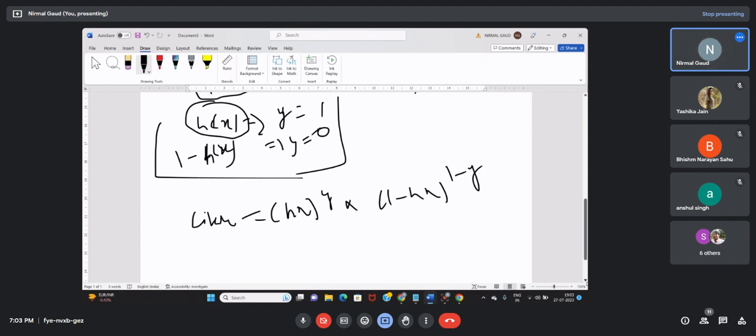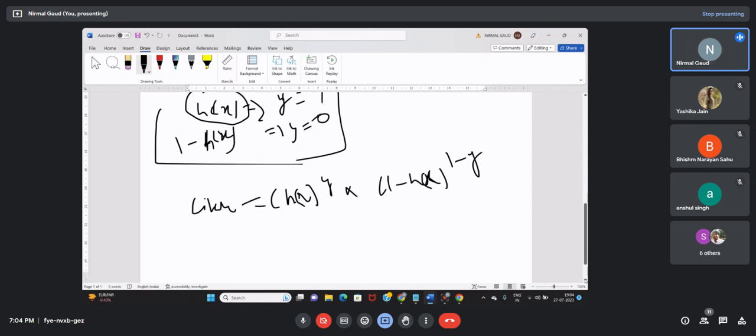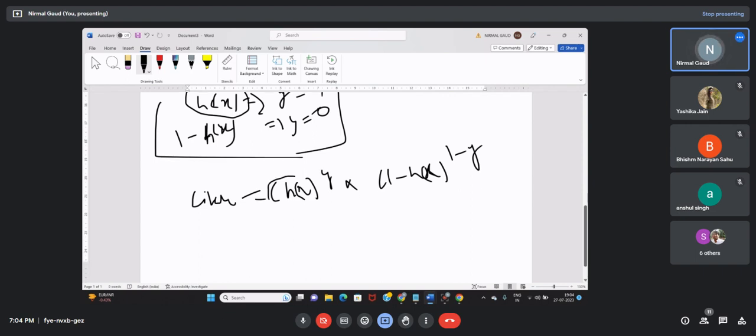So there might be a question in your mind. That's why I focus on this particular line, h(x) to the power y and (1 minus h(x)) to the power 1 minus y, and I call it the likelihood. Why? Because the probability of an event, that means success, is h(x), and failure is 1 minus h(x).